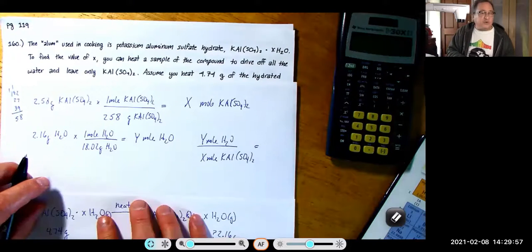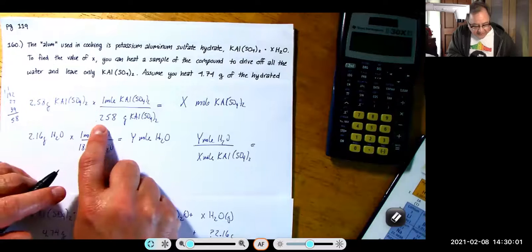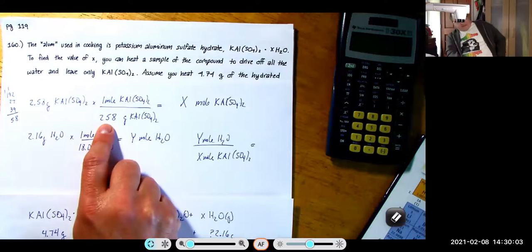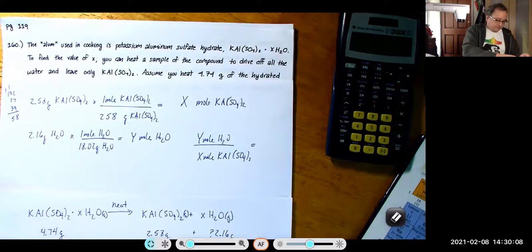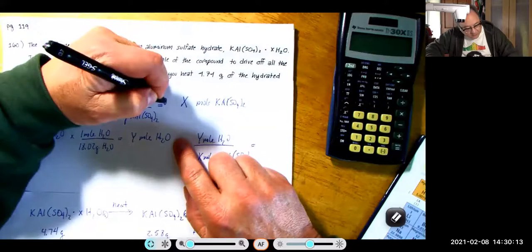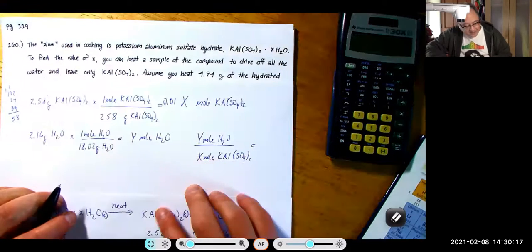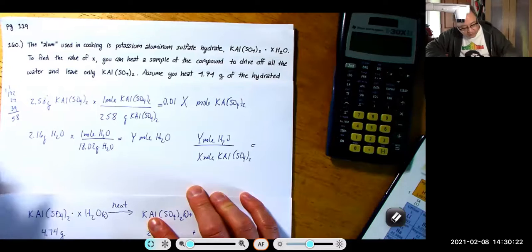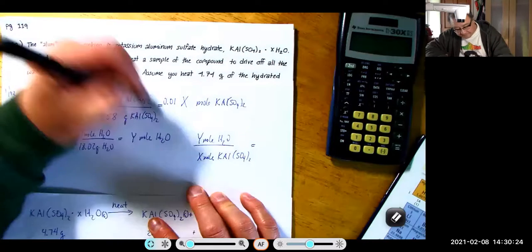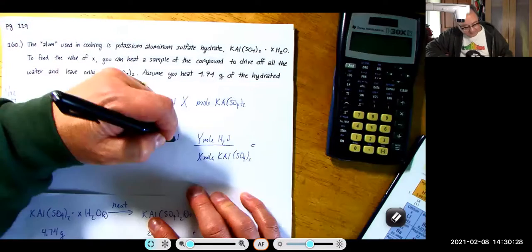So let's do this real quick just by estimating. How many times does 258 go into 2.58? And I would say, if I put my decimal there, it goes in 0.01 time. How many times does 18 go into 2.16? Well, it goes into 21 one time. And that's going to be 0.1.